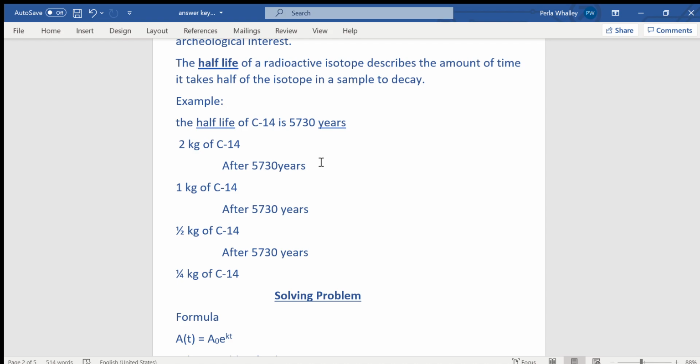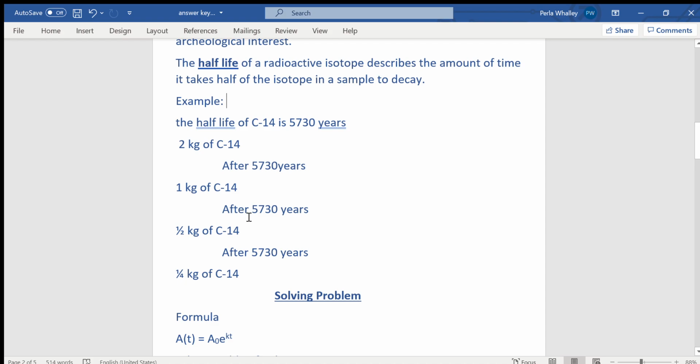So initially, if we have 2 kilograms of carbon-14, after 5,730 years, that is the half-life of carbon-14, half will remain. So from 2 kilograms, it will become 1 kilogram. It decayed to 1 kilogram of carbon-14.